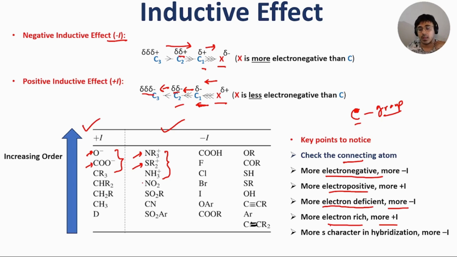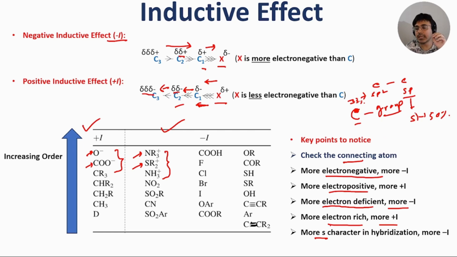That is the reason. Also we have to keep in mind, for example, if two atoms are the same, like both carbon, but one carbon is sp2 and one carbon is sp, then in sp the s character is 50%, right? And in sp2 it is almost 33%, right?